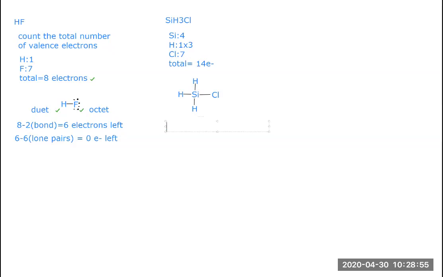So you do 14 minus, and here we've used 4 single bonds. They each have 2 electrons, right? Because a line represents 2 electrons. So 4 times 2 is 8. So we remove 8 from the total, and that's 6 electrons left at that point.